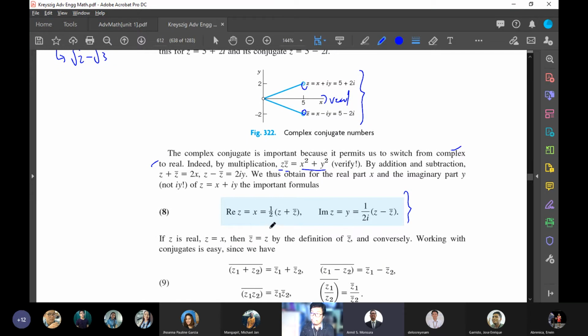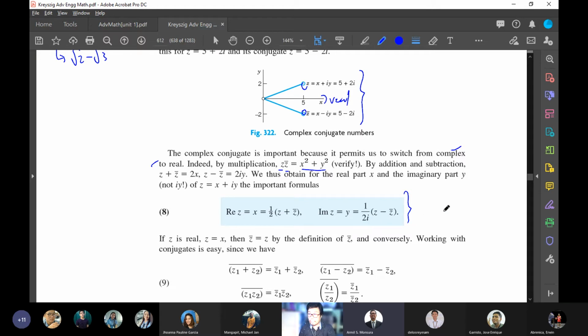So we have the real part of z, which is x, obtained from z plus its conjugate divided by 2. While the imaginary part, or y, is obtained from 1 over 2i times z minus its conjugate. Okay?